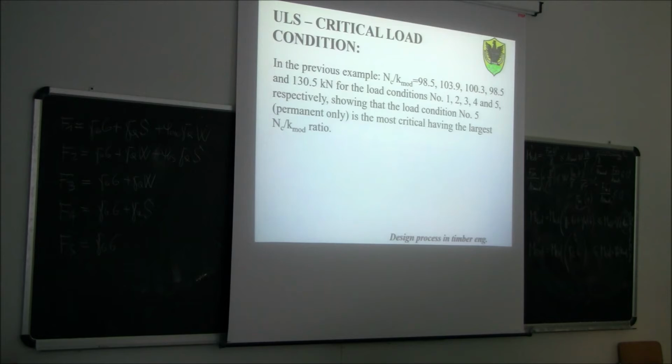If we had done this ratio in the previous example, we would have discovered immediately that the last one was the most critical, because you see the last one, 130.5 kilonewton, against much lower values for the other combinations. Okay?